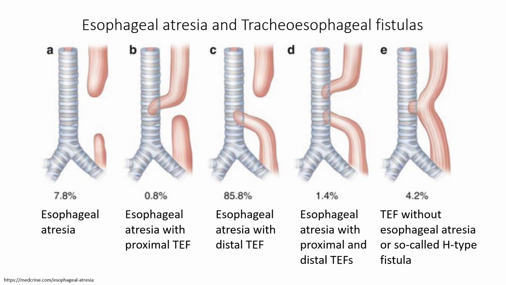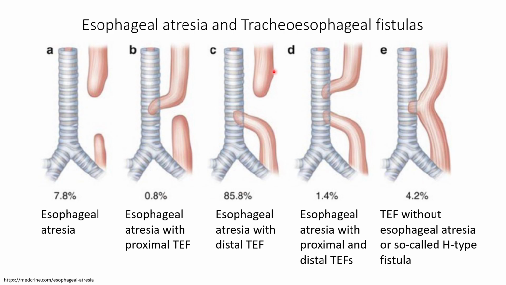In this picture, we can see the different types of esophageal atresias and fistulas. So in A, there is only esophageal atresia. There is no fistula. Here, we can see that there is esophageal atresia and there is a proximal tracheoesophageal fistula. In C, this is the most common scenario.